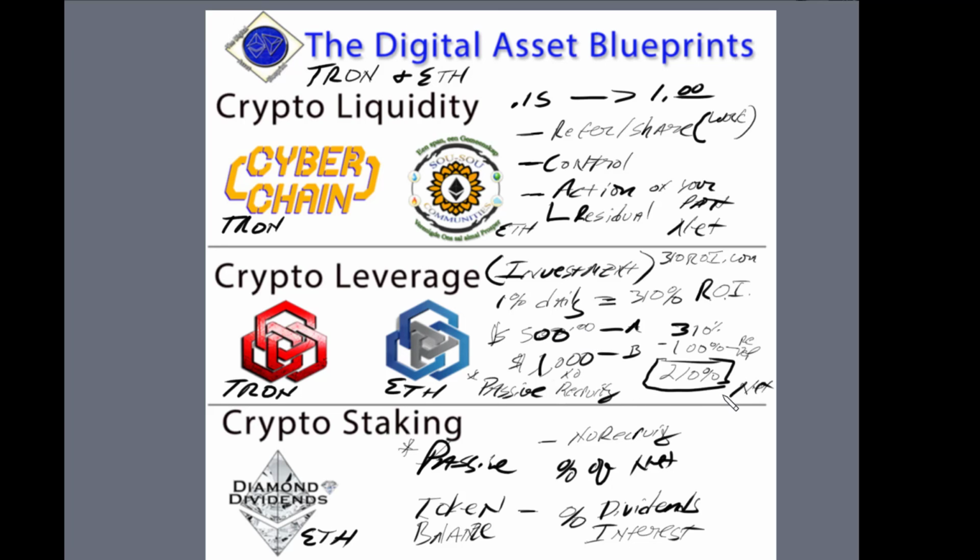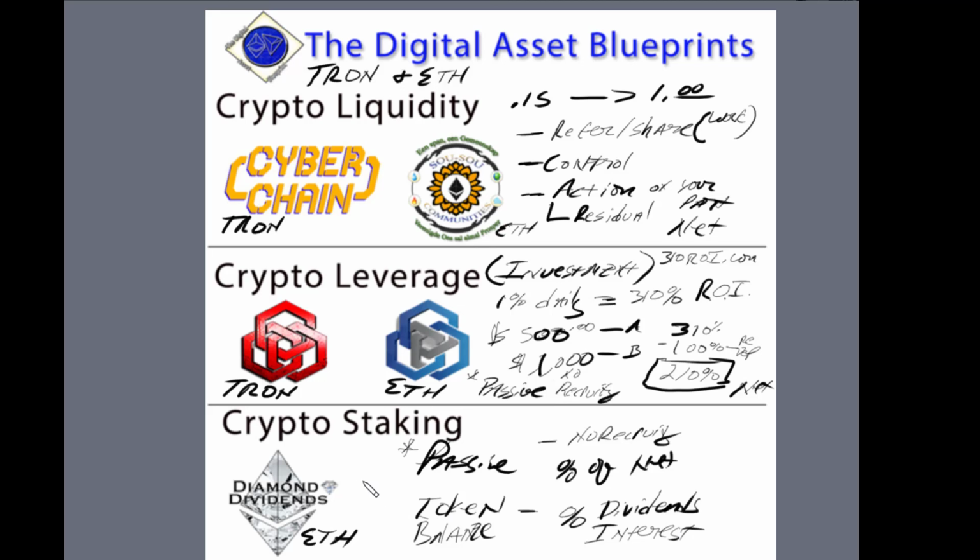Once you have net income coming from your residual base, your residual 310%, that's just recurring from all the different accounts that you have, you can then take a net percentage of that and just create a token balance. A token balance is basically ETH that is staked inside of Diamond Dividends, and when there's activity going on within the contract, you're going to get a percentage equal to the amount of tokens that you have.